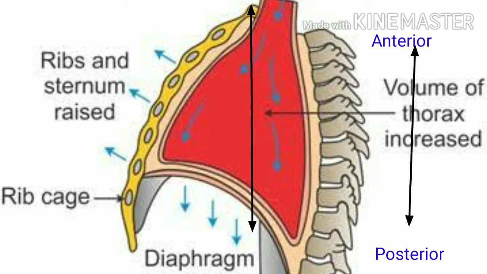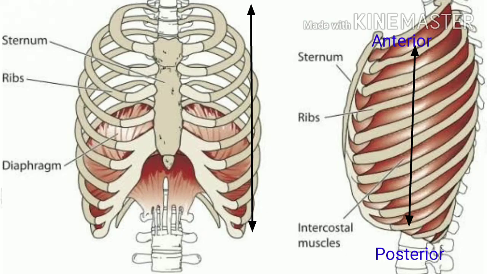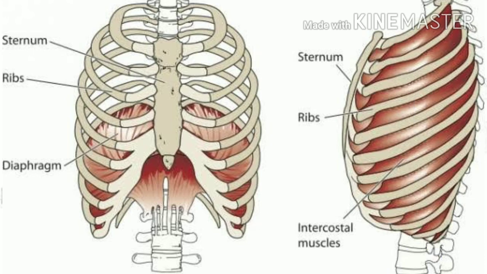When the diaphragm or phrenic muscles contract, the volume of the thoracic cavity increases. How? In the anterior and posterior axis of the thoracic chamber. At the same time, the contraction of the external intercostal muscle helps to lift up the ribs and sternum.